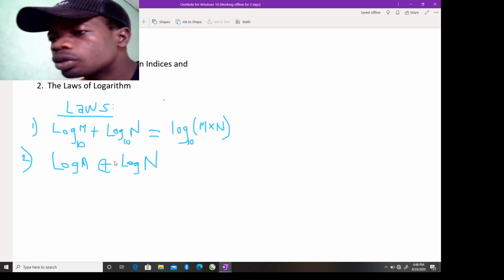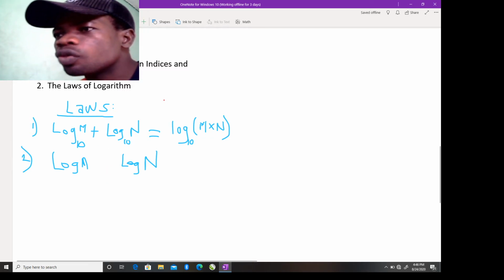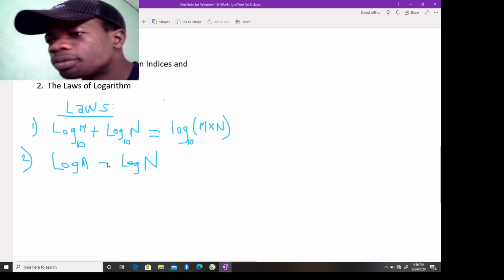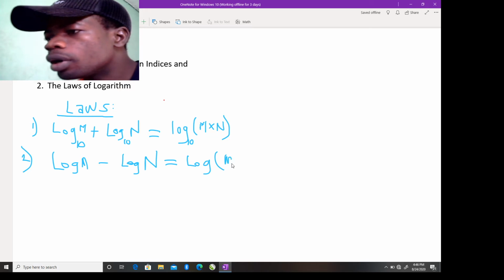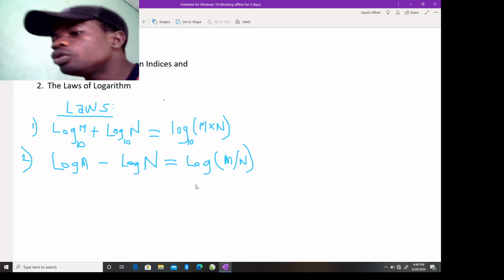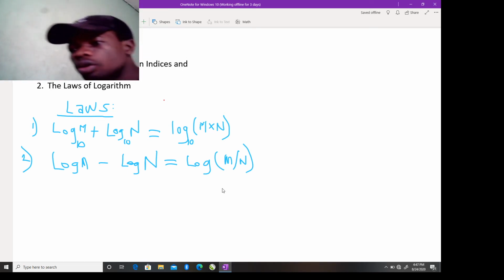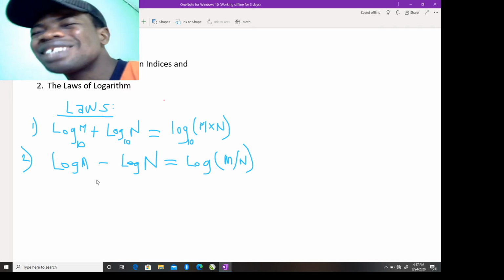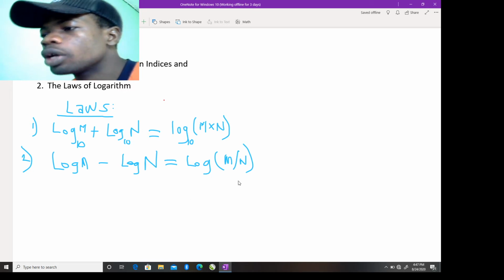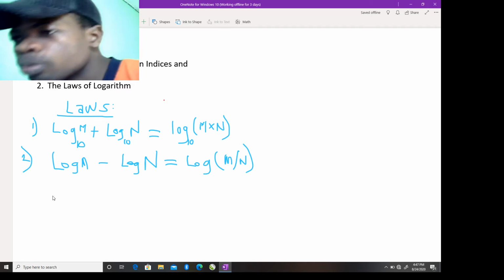Oh, in this place I'm supposed to put subtraction, so we have a minus here. This is equal to log, open a bracket, m divided by n. Do you see that? This is the division law. When you have subtraction between two logs of the same base, you factor out the log, then you divide.